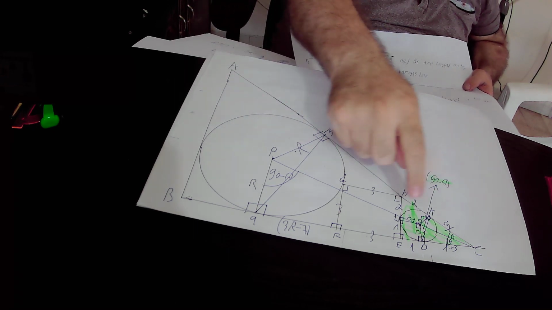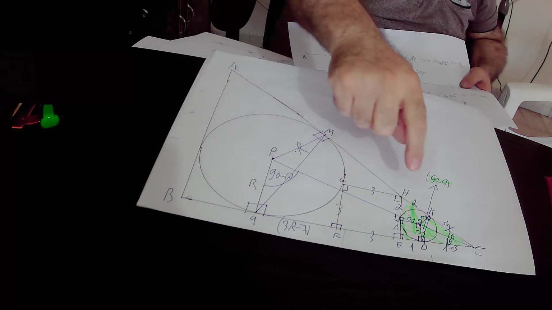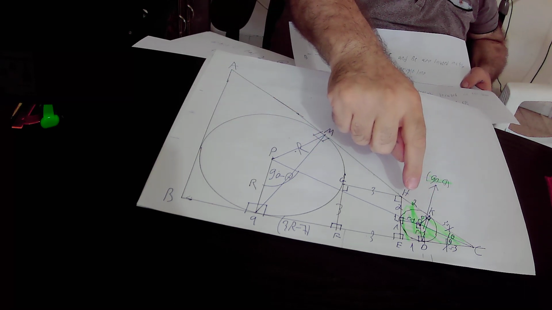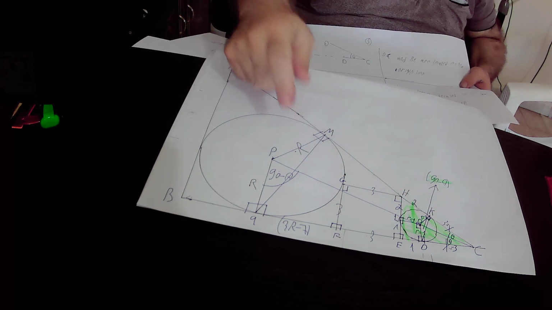If CO doesn't pass through point P, it means that CO is not located on the same straight line as CP.